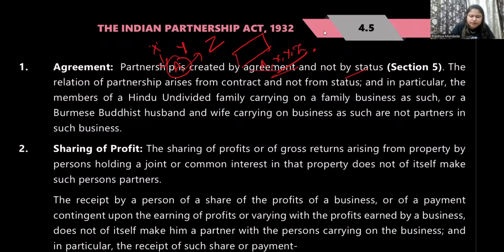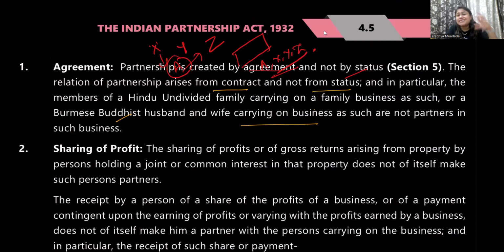The relation of partners arises from contract and not from status. In particular, the members of HUF carrying on family business as such, or a Burmese Buddhist husband and wife carrying on business as such, are not partners in such business. Burmese Buddhist husband and wife is a culture wherein husband and wife come together and start a business. But here, they're doing it together because they became husband and wife.